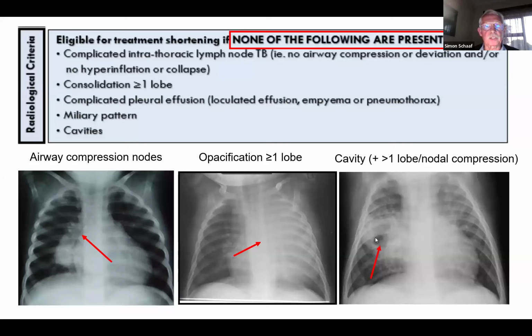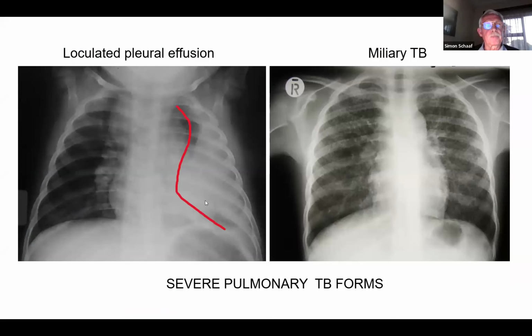It's not non-severe tuberculosis. On these X-rays, you can see what a loculated pleural effusion looks like. It looks like a ball under the carpet. If you push a tennis ball under the carpet, it makes this kind of pattern. And that is what you can see on this slide. So a complicated or loculated pleural effusion is severe tuberculosis.